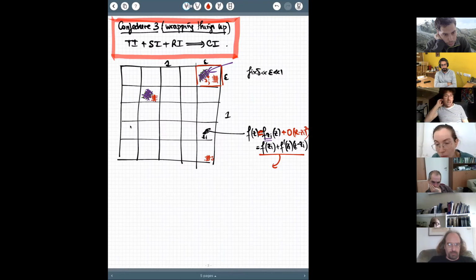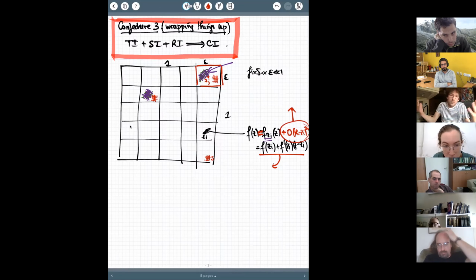So where is the catch? Why isn't this almost a proof? Well, there are two problems. The first problem is that the green and the violet lattices are not exactly the same. They are close to each other, up to an error of second order, which is very good, but it's not an exact coupling.